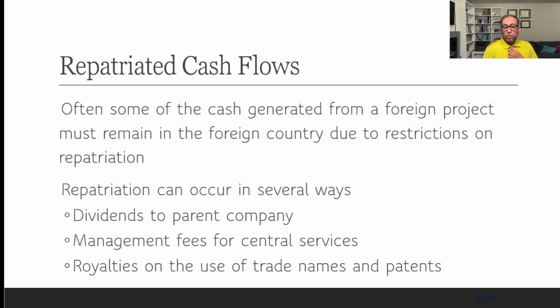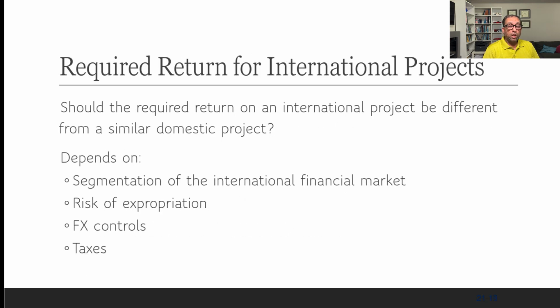The most commonly used form is the franchise royalty for the use of a trade name and patent. McDonald's and Walmart operate in different parts of the world through their subsidiaries, and these subsidiaries pay the parent company, repatriating their profit in any of these two or three forms.